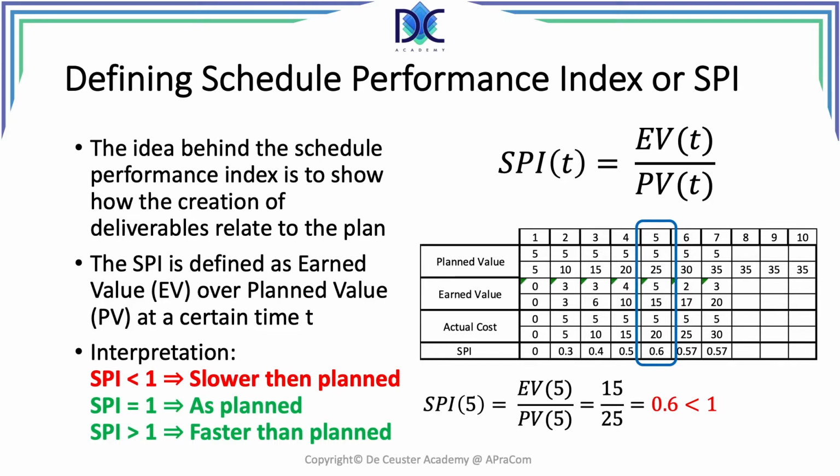The planned value at period 5 is 25. So earned value over planned value, 15 over 25, is equal to 0.6, which is smaller than 1, which means that the project is progressing slower than planned.